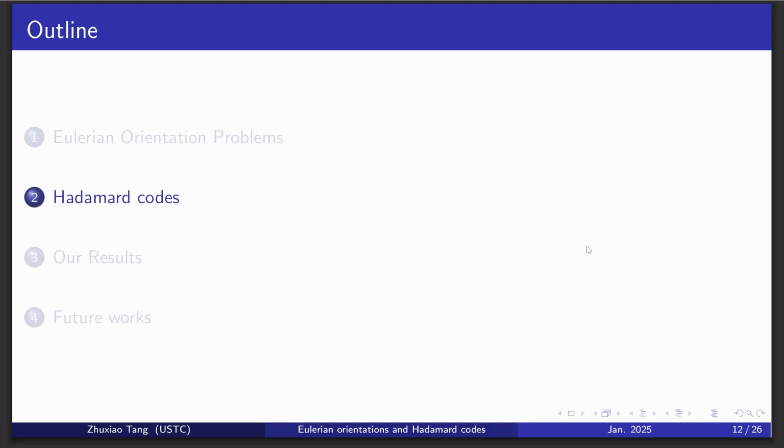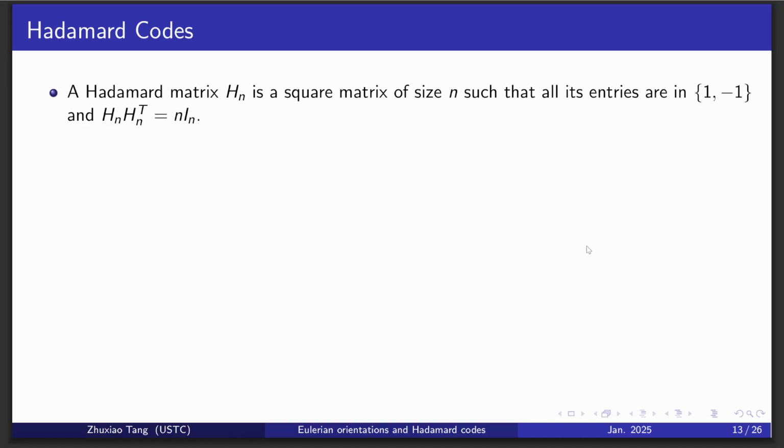Now let's take a little detour to the Hadamard codes. First, the Hadamard matrix Hn is a square matrix of size n, such that all the entries are 1 or minus 1, and Hn times Hn transpose is equal to n times the identity.